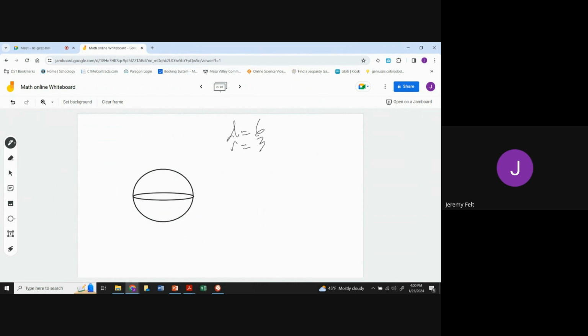So there's not really a lateral surface area, it's just surface area for this because there aren't any sides, it's all rounded. So the surface area is 4 pi r squared. We're told to use 3.14. Our radius is 3 squared, so that's going to be 9, and then 4 times all of that.